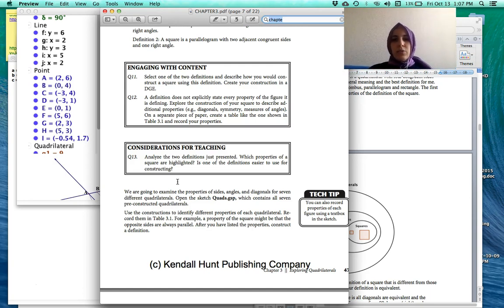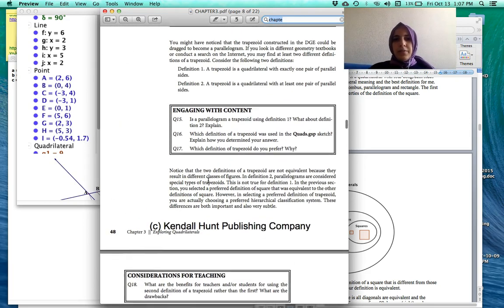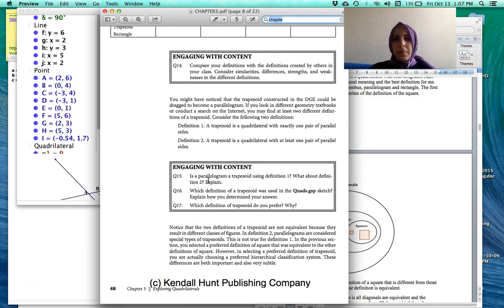Question 15. Is a parallelogram a trapezoid using definition 1? What about definition 2? Explain. Definition 1: a trapezoid is a quadrilateral with exactly one pair of parallel sides. Definition 2: a trapezoid is a quadrilateral with at least one pair of parallel sides.